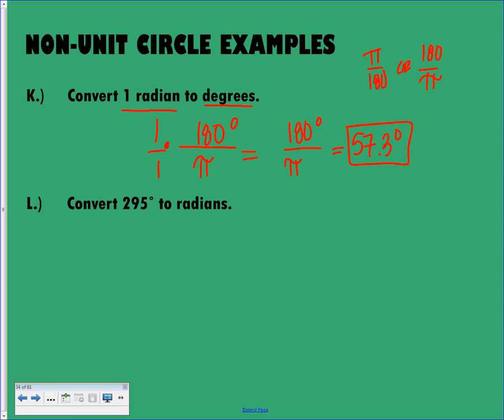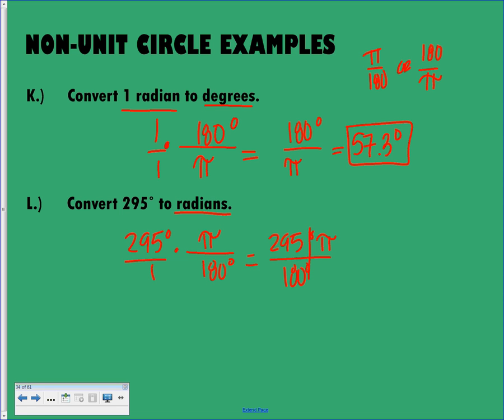Example L says take 295 degrees and convert it to radians. Radians needs to go on top because that's what I'm going to, so think top: pi over 180 degrees. Put 295 over 1 and multiply straight across. So I'm going to have 295 degrees pi over 180 degrees.